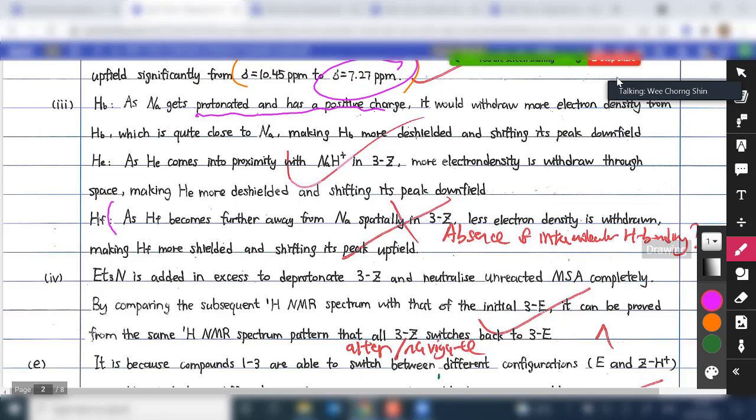But I think the focus here might be on the absence of intramolecular hydrogen bonding, which will actually make the answer a little bit more convincing. Yeah. So once I do not need to form intramolecular hydrogen bonds, my electron density is no longer as disrupted as it should. So it becomes greater. So it's more shielded.